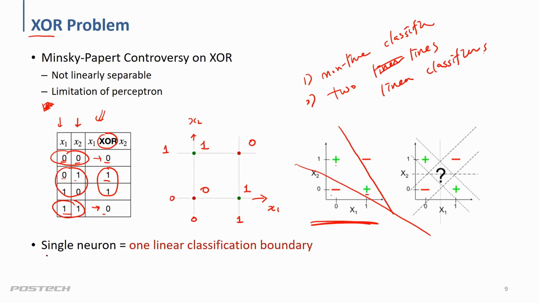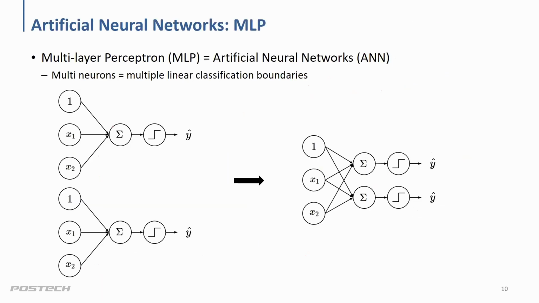We know that a single neuron, or single layer, represents one linear classification boundary. So the motivation is that this XOR problem looks very simple. We have only 4 points, and even the perceptron is not able to solve such a simple problem. So that was the motivation.